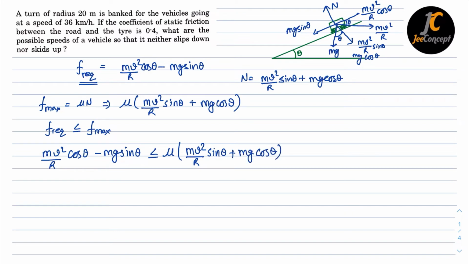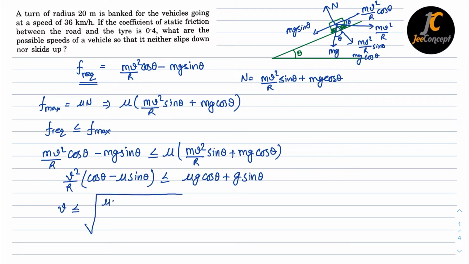Now throughout m will cancel out and let's rewrite it as v square by r times cos theta minus mu sin theta should be less than or equal to mu times g cos theta plus g sin theta. Now the value of v will become under the root mu r g cos theta plus mu g sin theta upon cos theta minus mu sin theta.